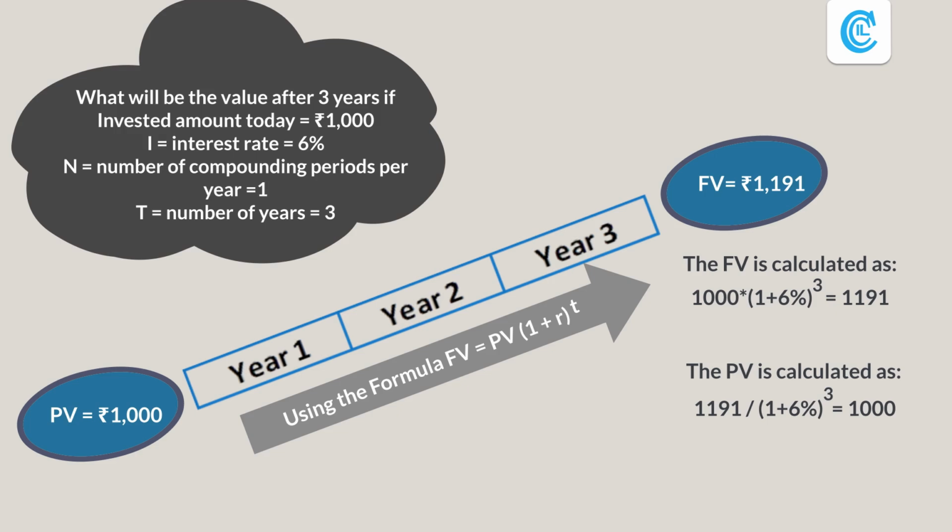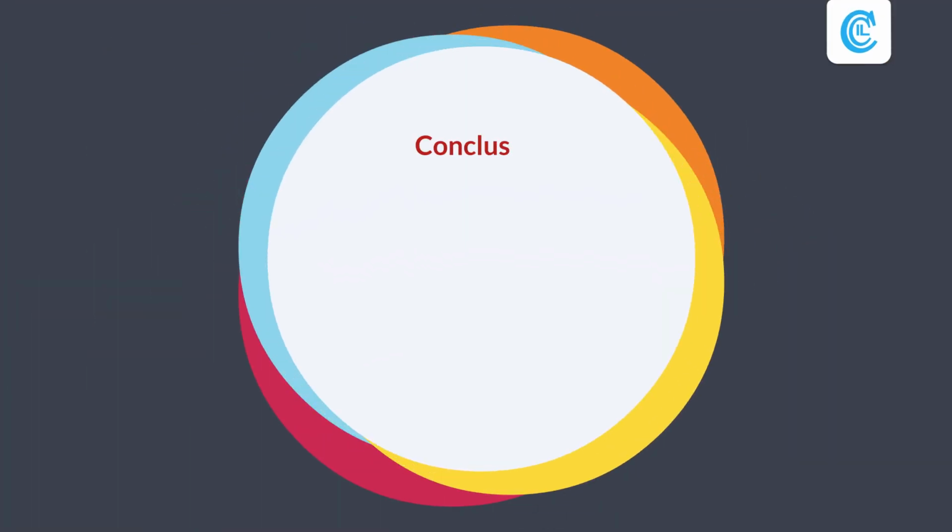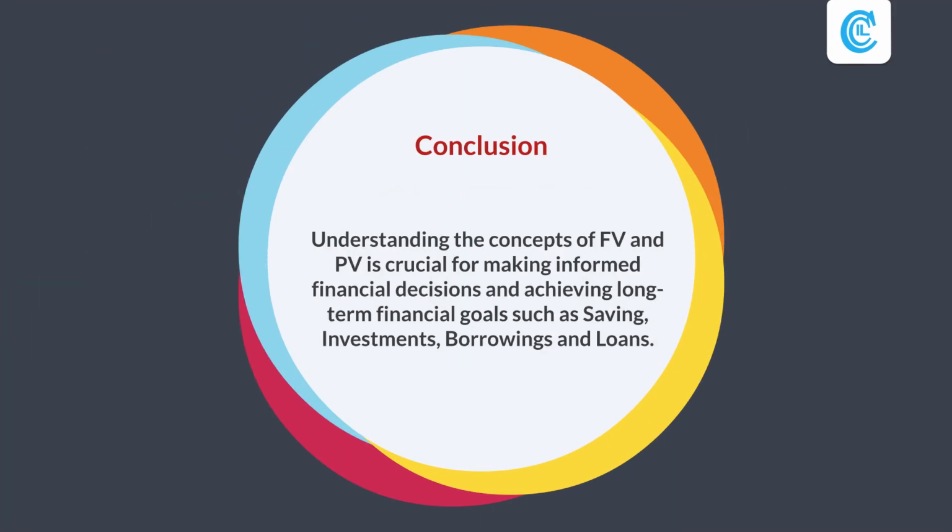Conversely, the present value can be calculated from the known future value by using the PV formula. Thus, we find that the present value of 1191 rupees received after 3 years is 1000 rupees today. Generally, the longer the time period and the higher the interest rate, the greater the impact of compounding and discounting.